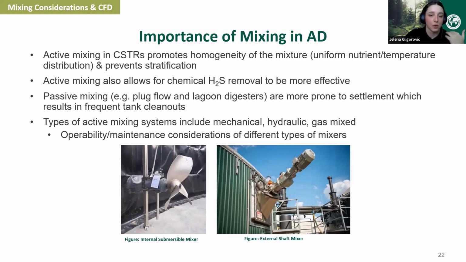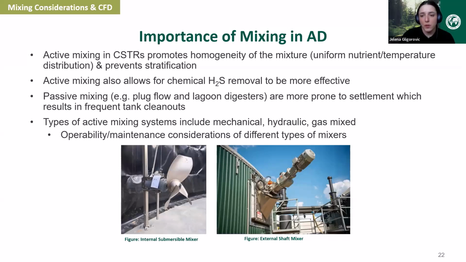If you don't have good mixing, it can also promote foam production as well. If you have sediment at the bottom of the tank, this reduces the active volume of your tank, which can cause your biogas production to decrease and also increases your O&M with your digester cleanouts and equipment maintenance.